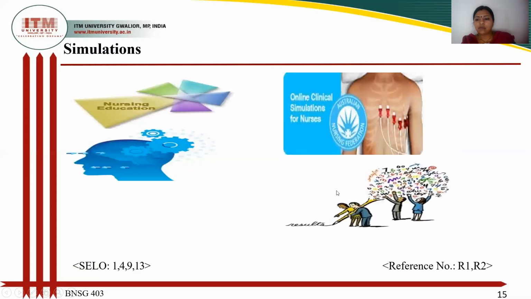Next is simulations. What are simulations? Simulations means we are giving students a brainstorming task, in the form of dummies or ideas, something to stimulate the brains of the children so they work on it.